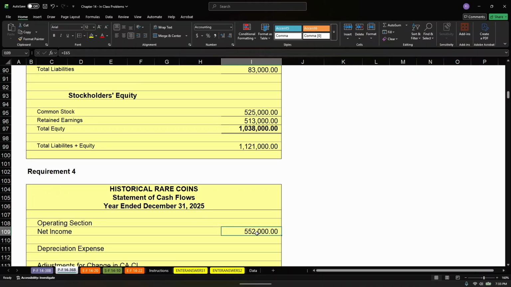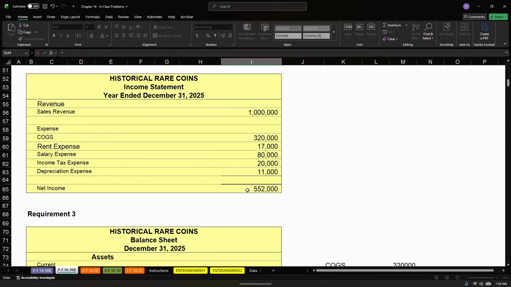The goal is to take net income as a starting point and adjust it to get how much cash is actually baked in there. So we need to add back depreciation expense because we know it has nothing to do with cash.